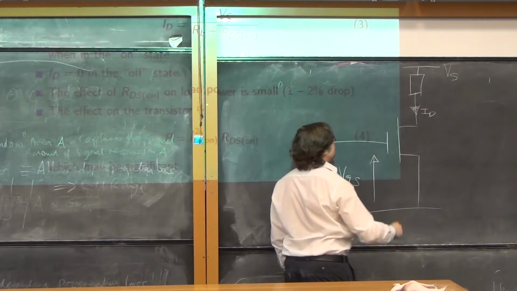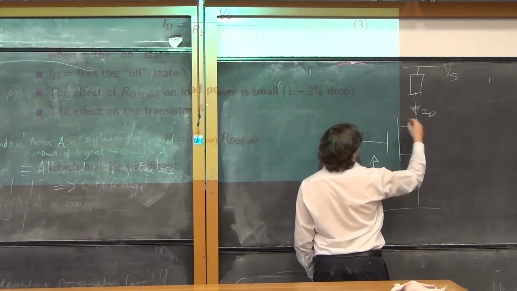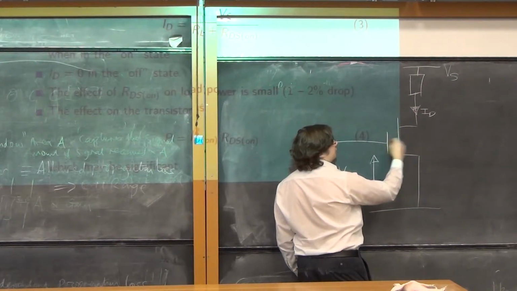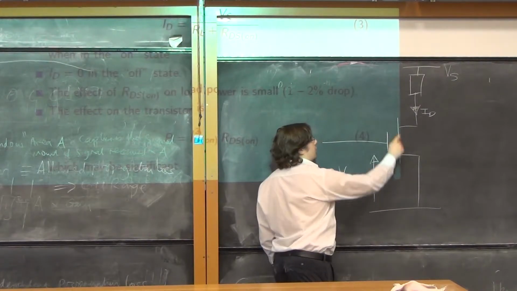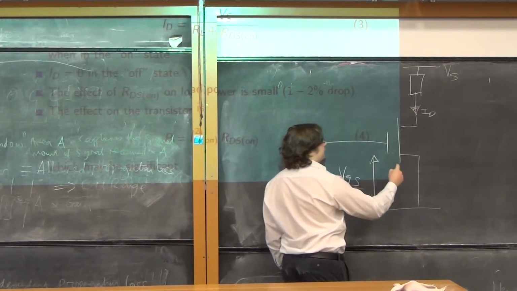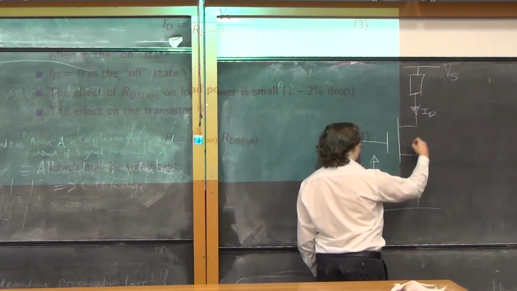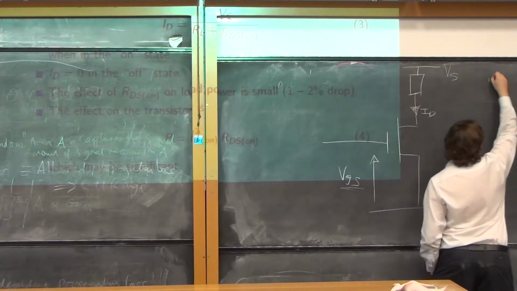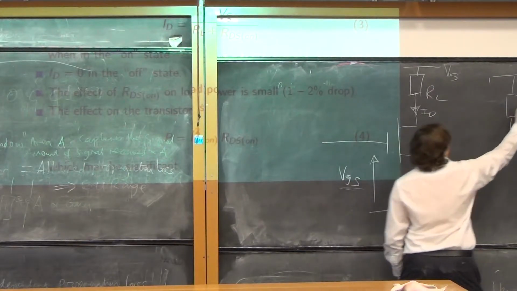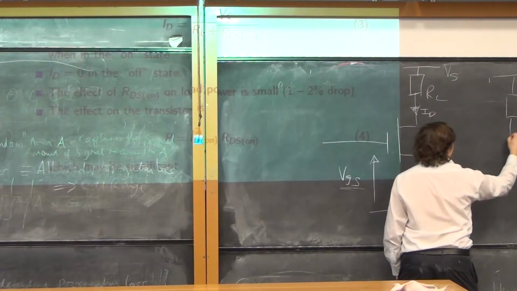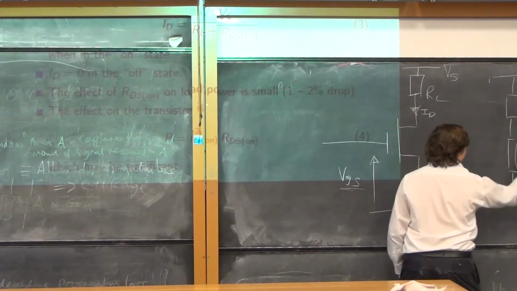And what we're saying is that when this is switched on, so when VGS is sufficiently large to cause a large current to flow, all this comes down to another circuit, which is Vs and RL, and another resistor called RDS on.